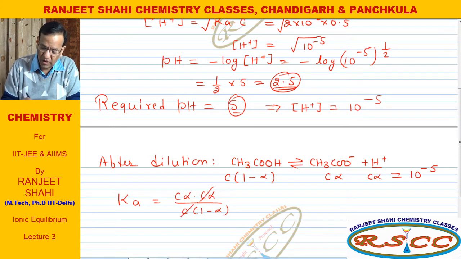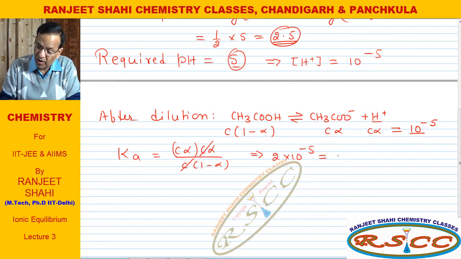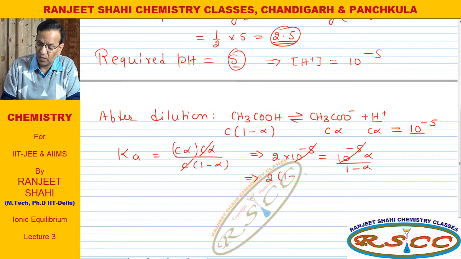If we cancel one C and substitute C alpha from here, we obtain Ka is 2 into 10 raised to the power minus 5, and that is equal to C alpha, 10 raised to the power minus 5, multiplied by alpha upon 1 minus alpha. So if we cancel this 10 raised to the power minus 5, it becomes 2 into 1 minus alpha is equal to alpha.